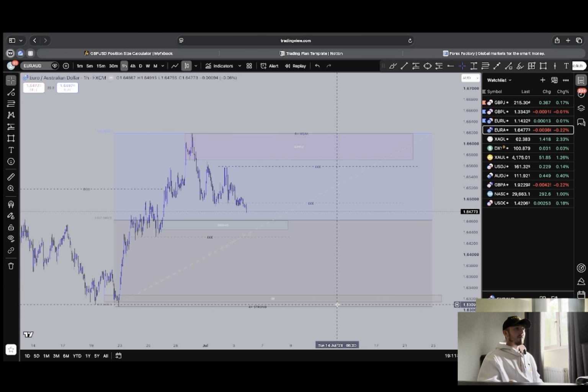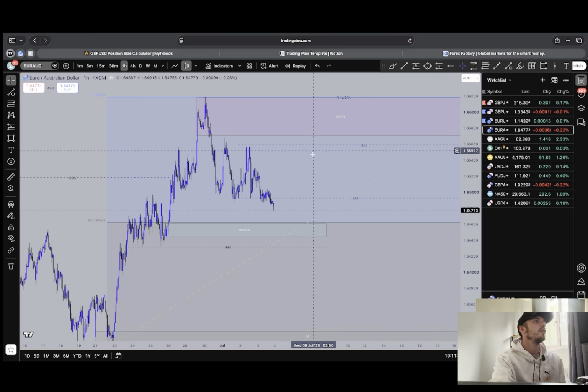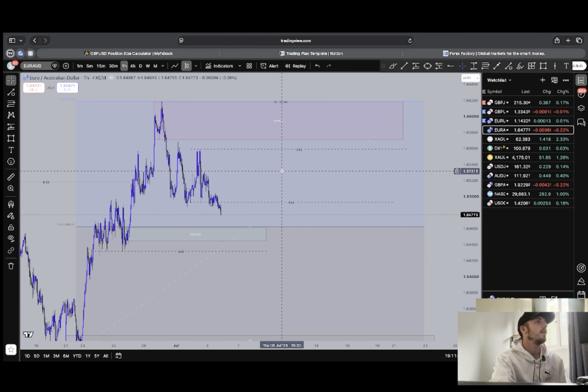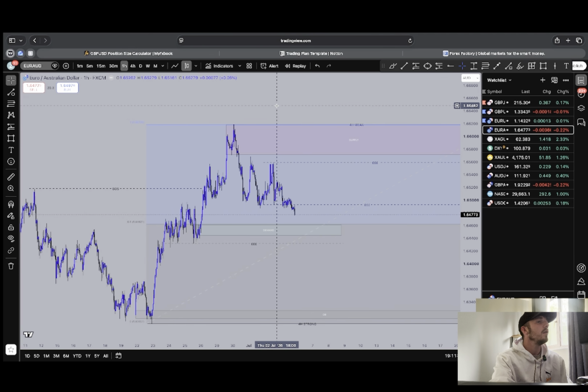I'll update them in my Telegram, on my Instagram, so you can see how these ideas play out during the week. I will also be trading them on my 5K account, which I made the 23K on as well. However, it is now risk-free, so I'll be trading this analysis this week on that 5K account rather than my funded account, and doing it in episodes so that you can see our trade.